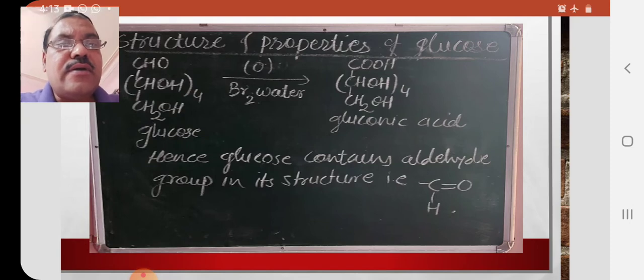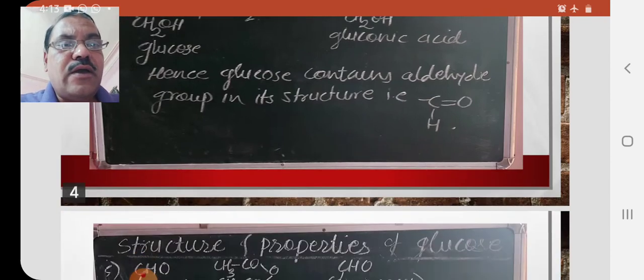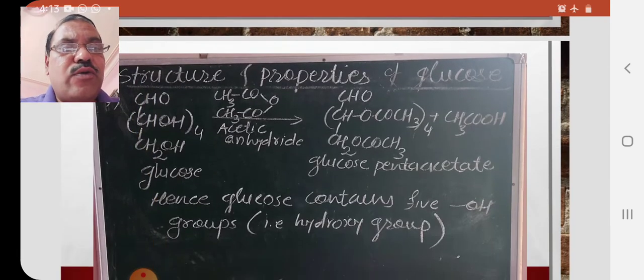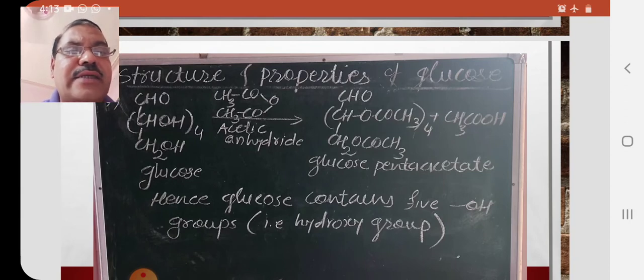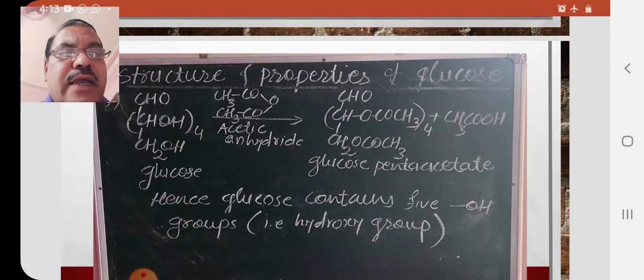So by this property we can say that glucose contains an aldehyde group, that is CHO group. Now in the next reaction, glucose is reacted with acetic anhydride. This reaction we have seen in the alcohol chapter.